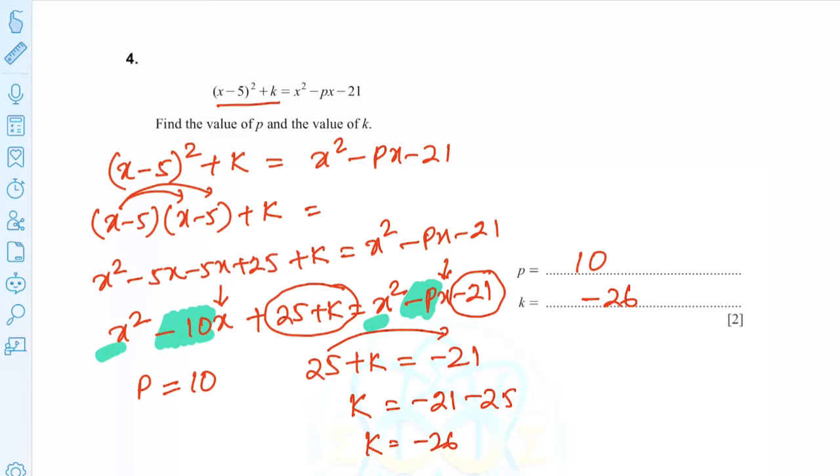I'm sorry, not minus 26, minus 46. Minus 25 minus 21, that is minus 46. So we got this answer as minus 46. p is 10 and k is minus 46.